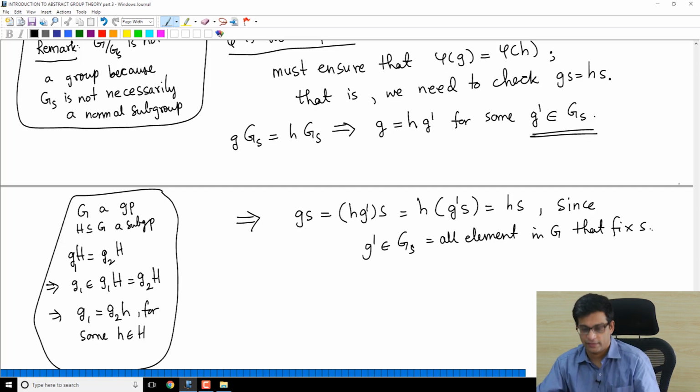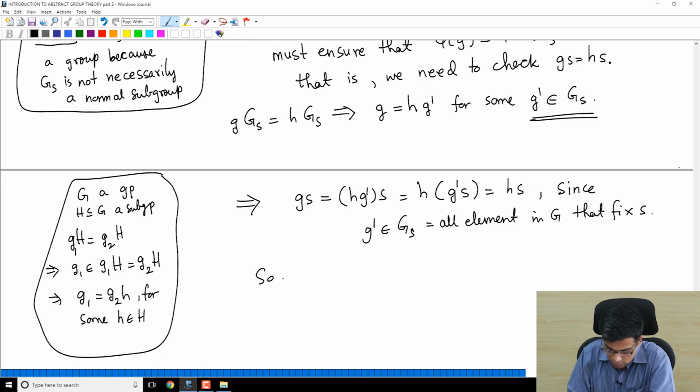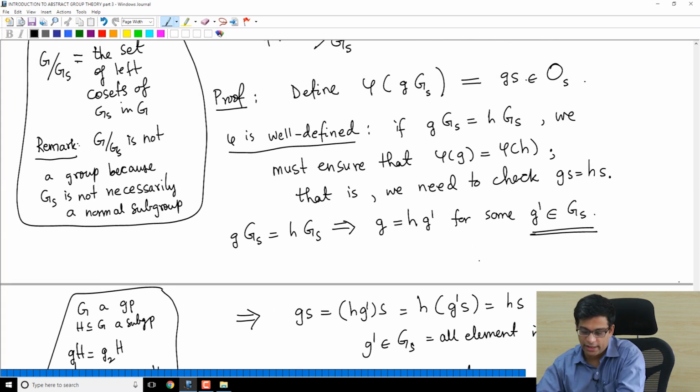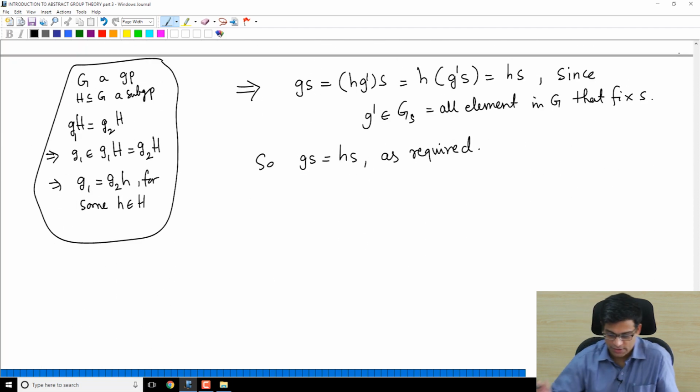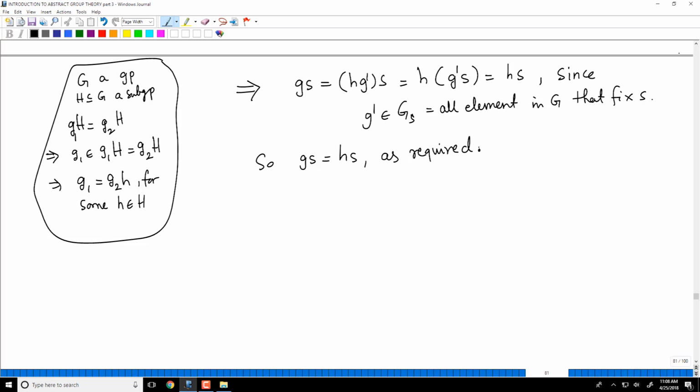So g' is an element of the stabilizer, means g' fixes s. So g' s is equal to s. So h (g' s) is just h s. So we have concluded that g s equals h s as required. So if two left cosets g G_s and h G_s are equal, we concluded that g s equals h s. So there will be no problem. You can choose one representative, I can choose another representative, and we apply the function phi, we both get the same answer. So g s is equal to h s. So that's good. So phi is well defined.